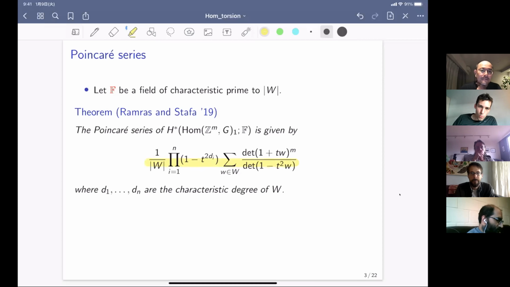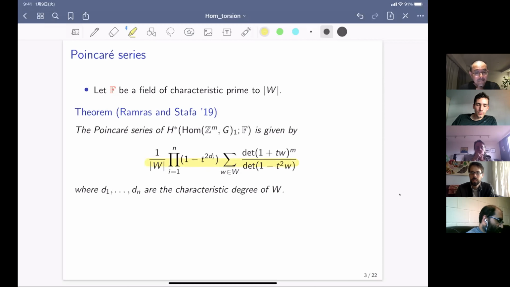And the important point here is that the Poincaré series is independent of the field F as long as its characteristic does not divide the order of the Weyl group.